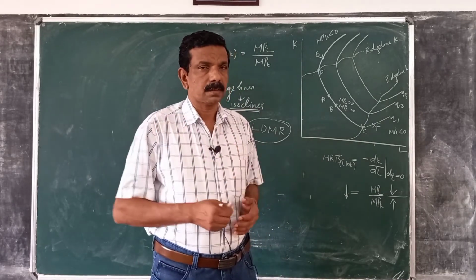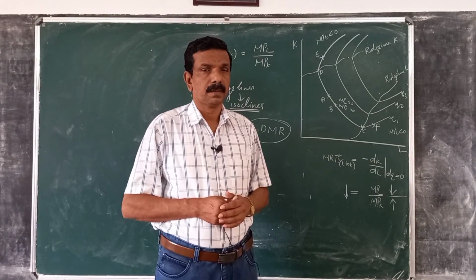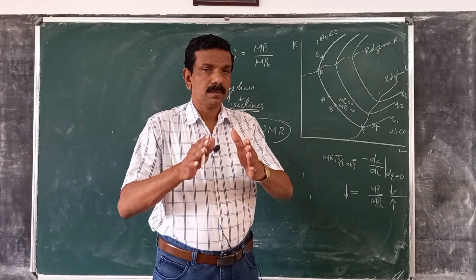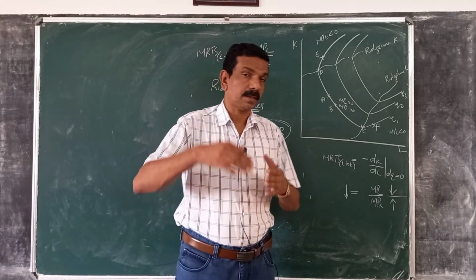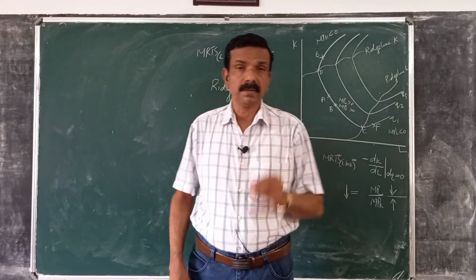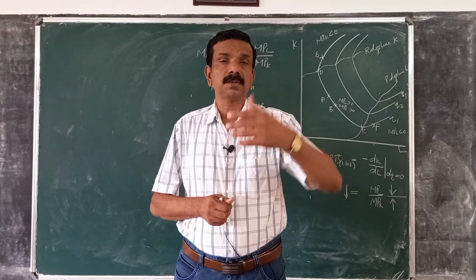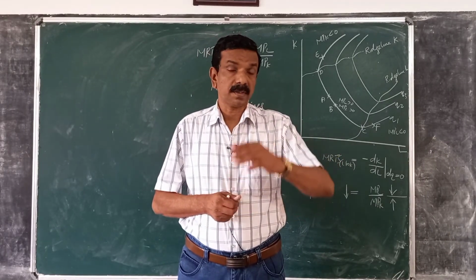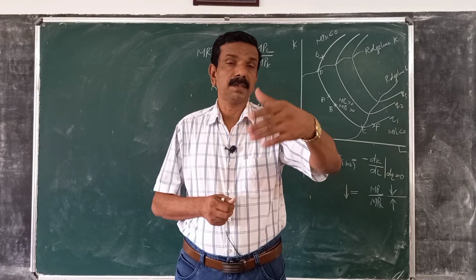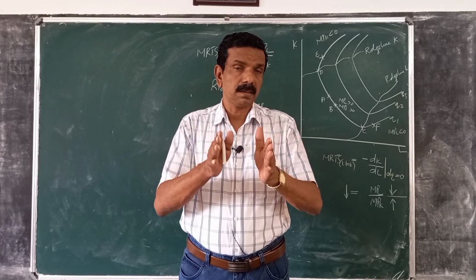This requires a little more mathematical application, and that is what we do in the next class. For the time being, remember this: isoquants are negatively sloped and isoquants are convex to the origin, convexity resulting from the law of diminishing marginal returns.